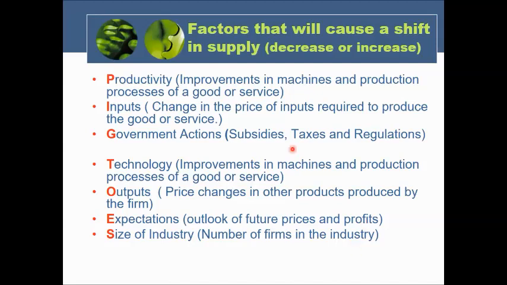And we have the expectations, what is the possible outlook of a supplier on future prices and profits. Now, since the product price will increase, there is an expectation on the part of the supplier or firm. And the last is the size of the industry, or it's based on the number of firms in the industry.